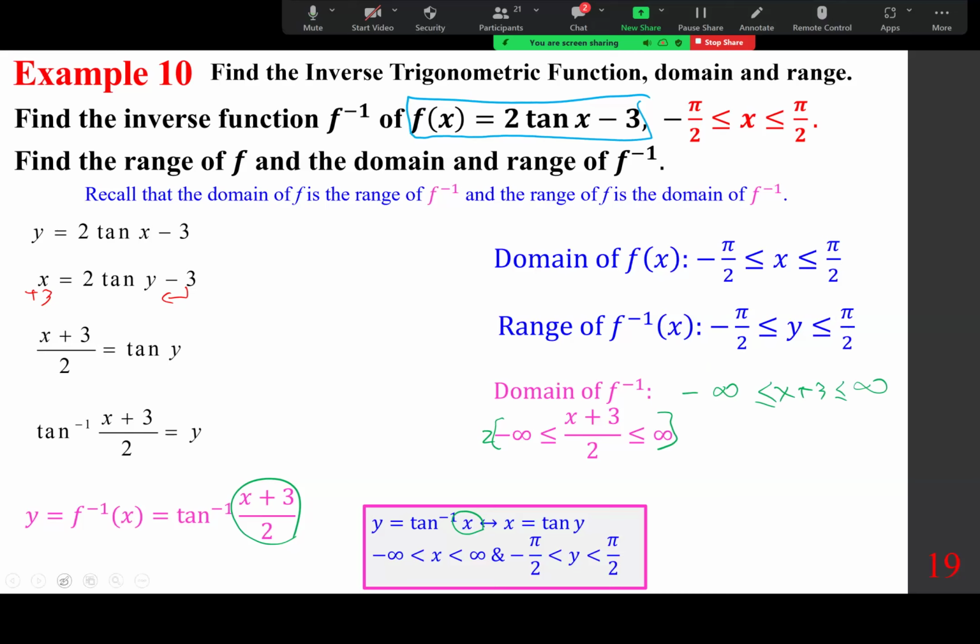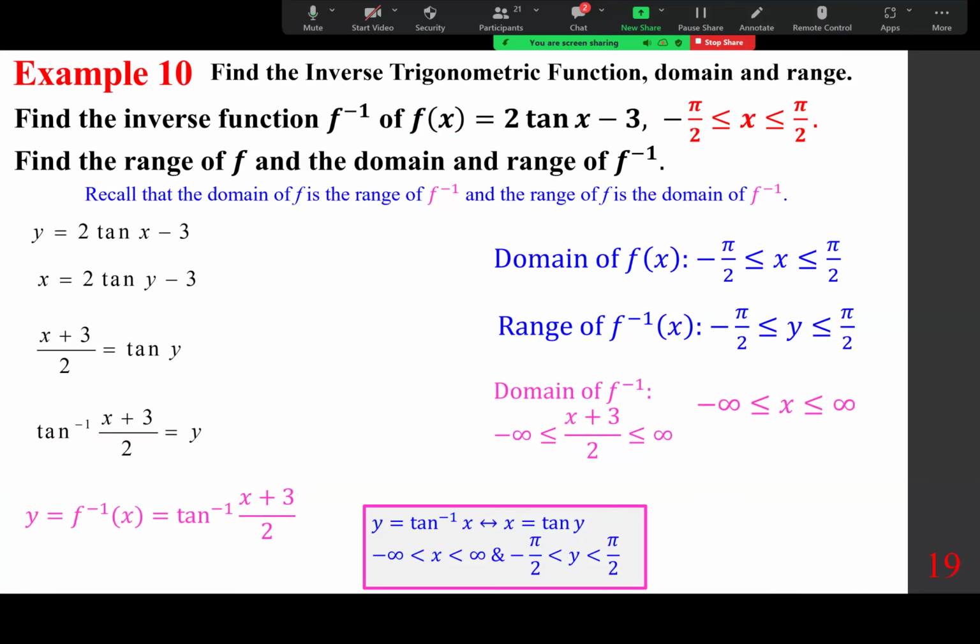Now, if I subtract 3 from all sides, it makes no difference. So let me erase my work. The fact remains that whatever you do, it doesn't change that. So x is between negative and positive infinity, which is the domain of f inverse, which is the range of f.